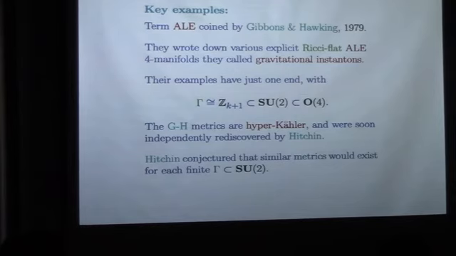And Hitchin's approach was such that it was natural to conjecture that not only would there be such metrics where the fundamental group at infinity was a cyclic group, but actually any finite subgroup of SU(2) should occur in his conjecture. This conjecture was then proved by Kronheimer in 1986. That was Peter Kronheimer's thesis work.